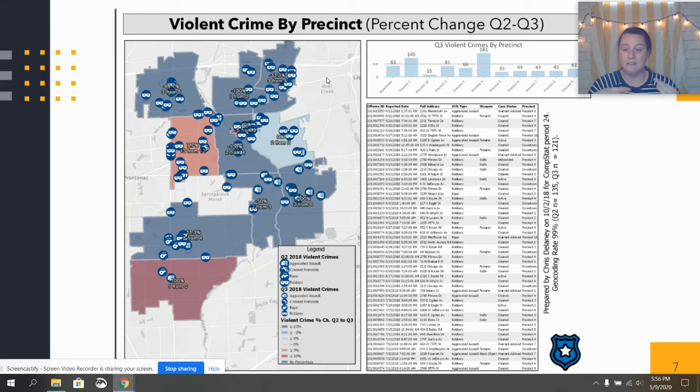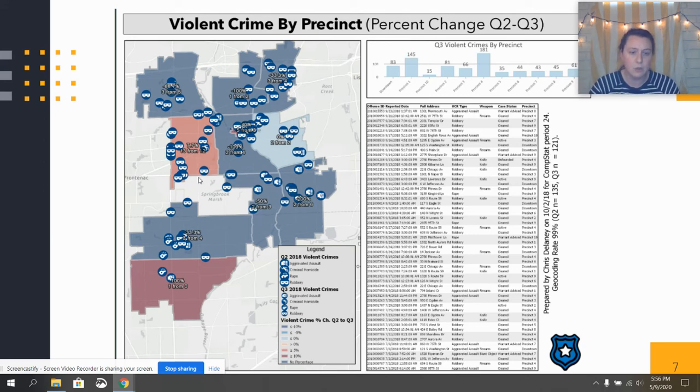And now we have this data layer of the violent crimes, shown with those little icons in the exact locations where they occurred. And then finally, there is another layer that shows a deeper level of analysis, which tells us the violent crime percentage change from quarter 2 to quarter 3. So, has there been more violent crime? Has there been less violent crime, etc.?